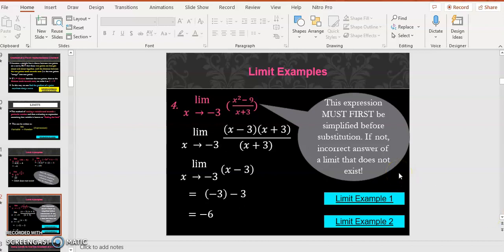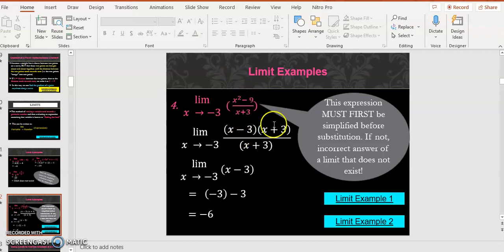Okay, now we are moving to the complex one. This one also, we have this expression. Say we should find the limit as x approaches negative 3. Now you have this expression. How are you going to do? Don't just substitute.